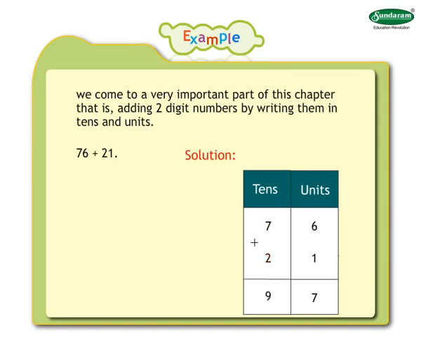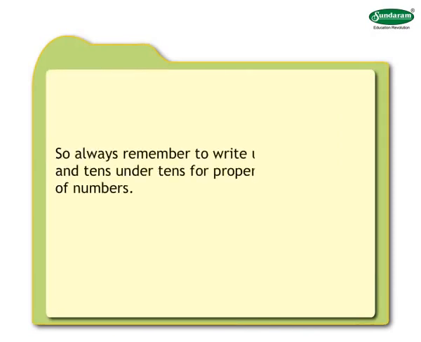Thus, write 9 in tens place. Hence, we have 76 plus 21 is equal to 97. So, always remember to write units under units and tens under tens for proper addition of numbers.